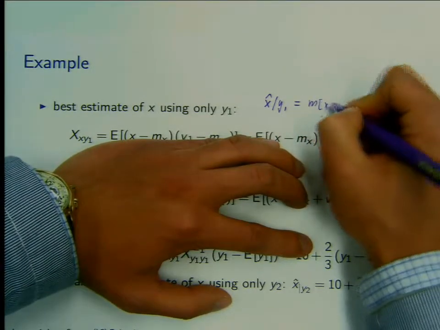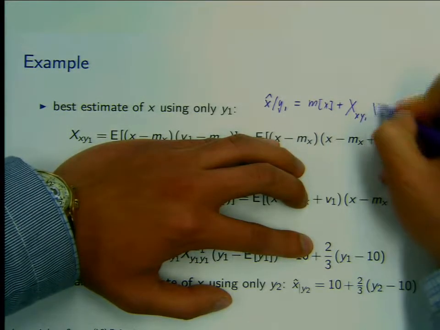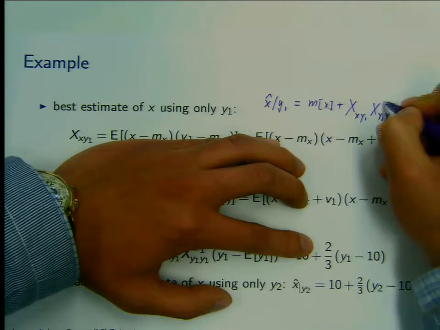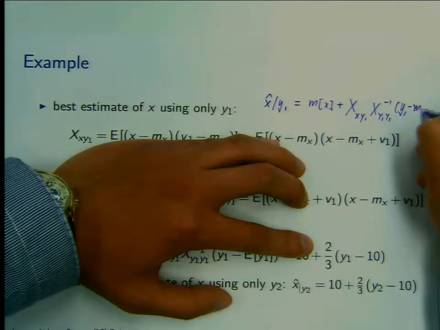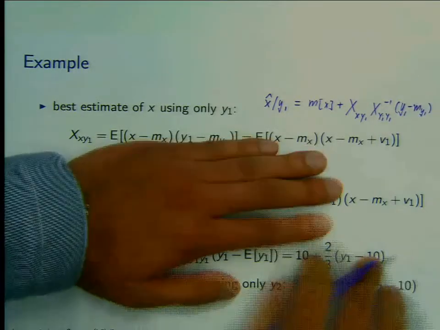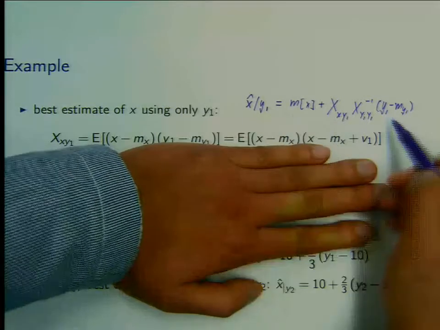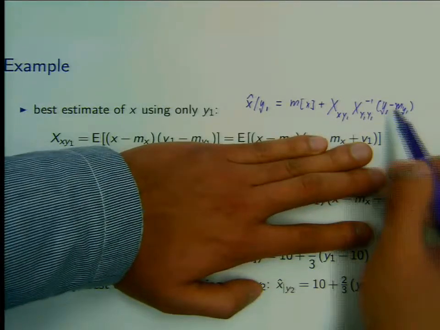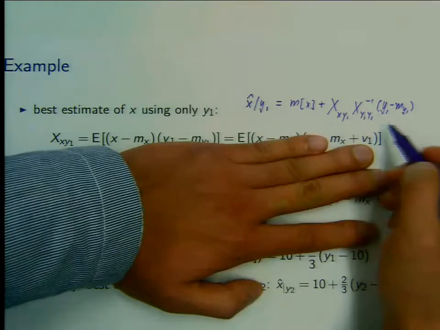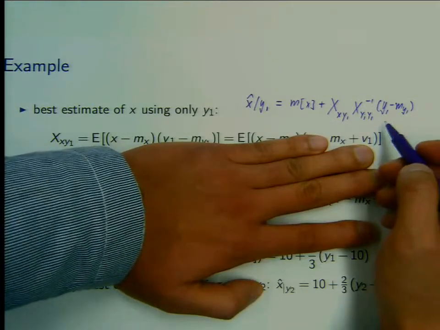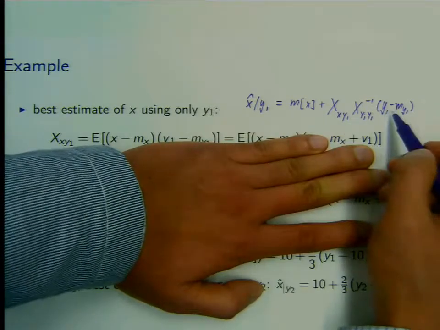It's going to be the mean of x plus the cross covariance of x and y1, times the inverse of the covariance of y1, times y1 minus the mean of y1. The reason I asked you the questions previously is to let you recognize that this x hat given y1 is a random variable, because y1 is random.